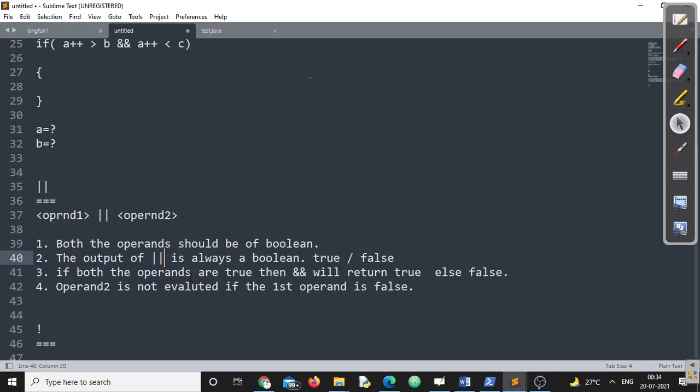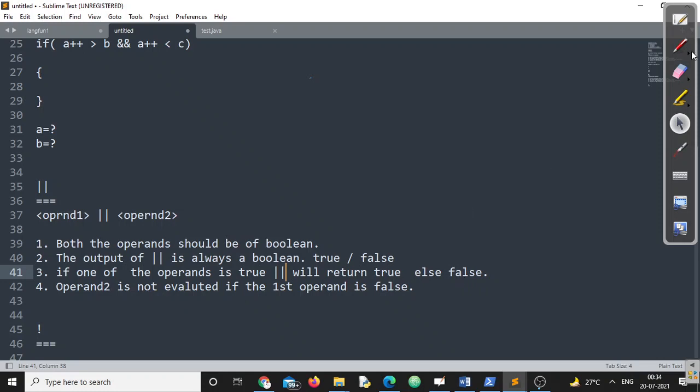If one of the operands is true, then your logical OR will return true, otherwise false.